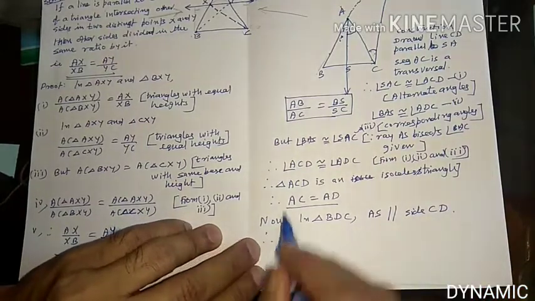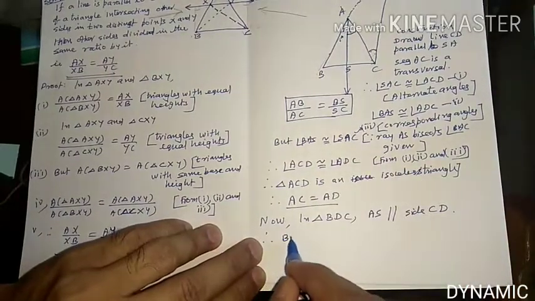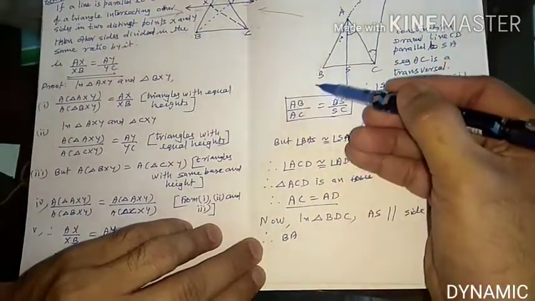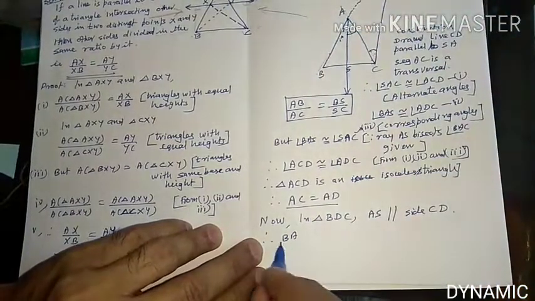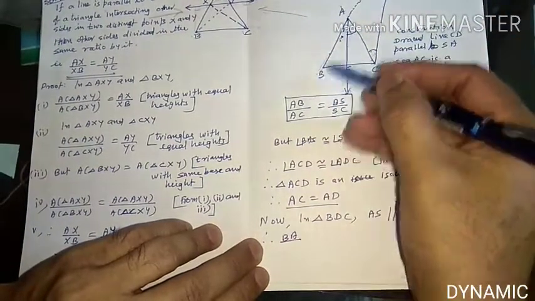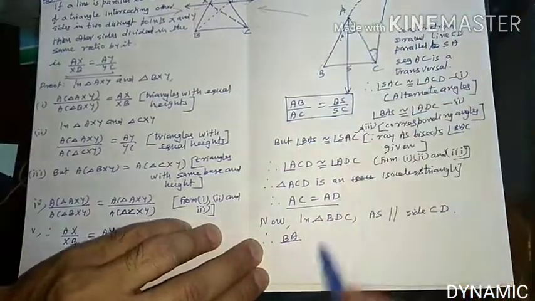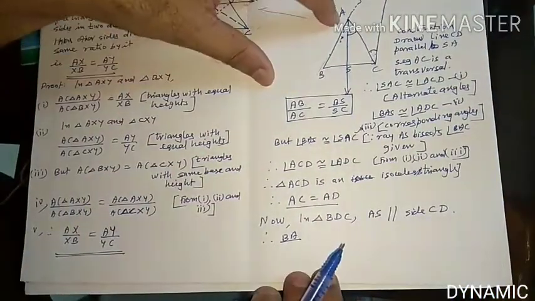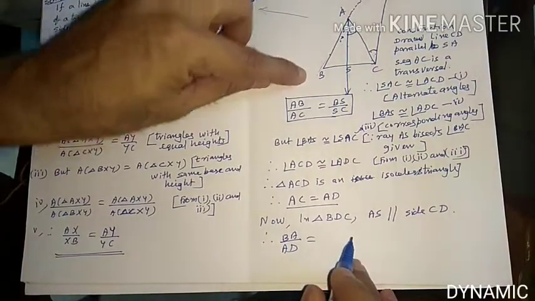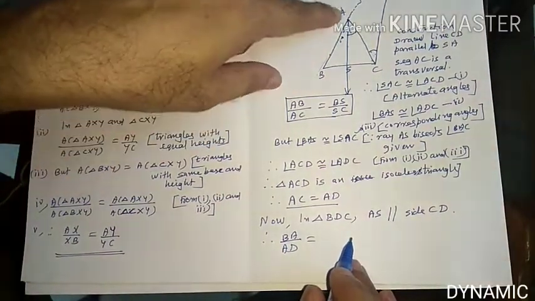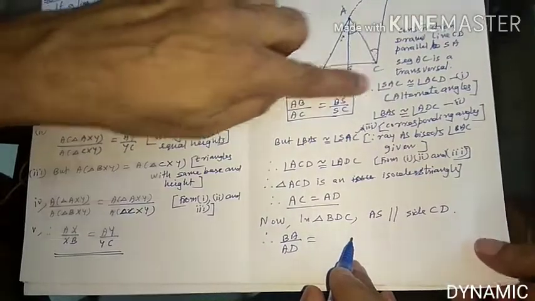Therefore, start from this vertex, big triangle we consider: BA upon AD is equal to BS upon SC.